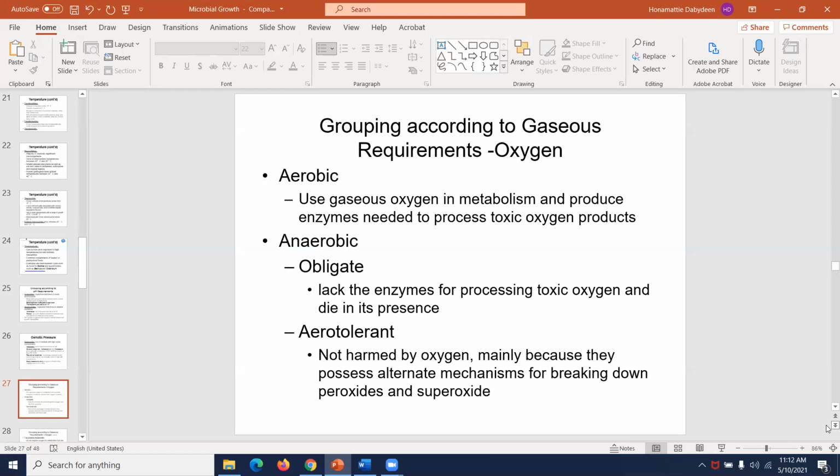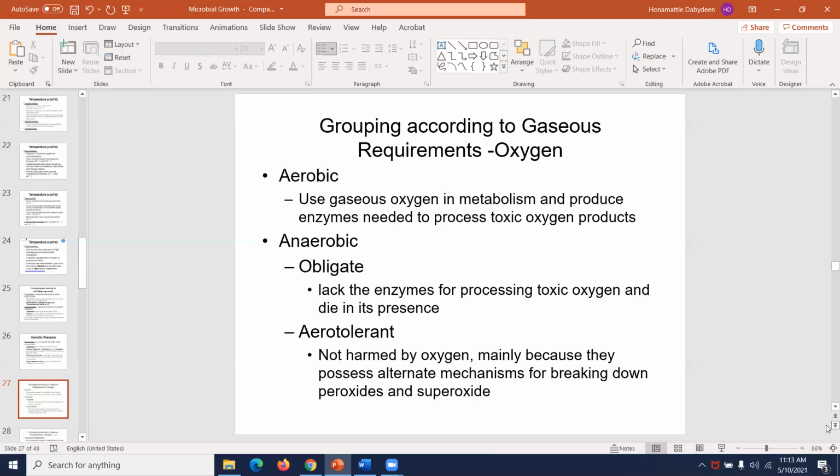If you don't have the enzyme to process those, you're going to be killed by their toxicity. So obligate anaerobic organisms not only don't use the oxygen, they lack the enzyme to process toxic oxygen, and they will die in the process.